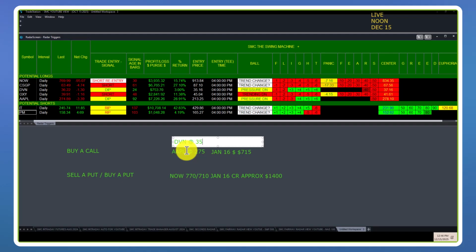We could go, yeah, we'll do it at 35. At 35, January 16th, and the cost is $215. One contract.